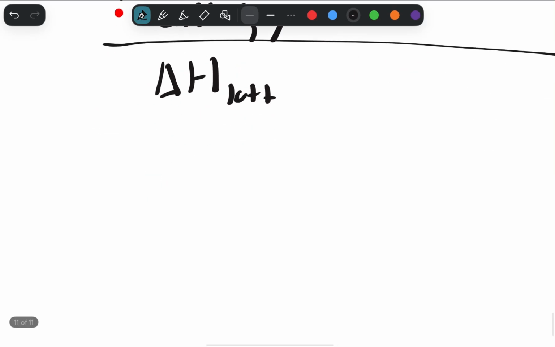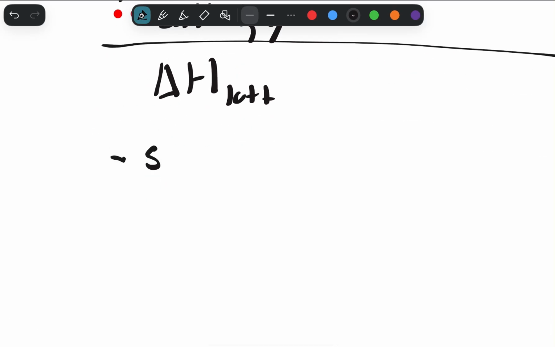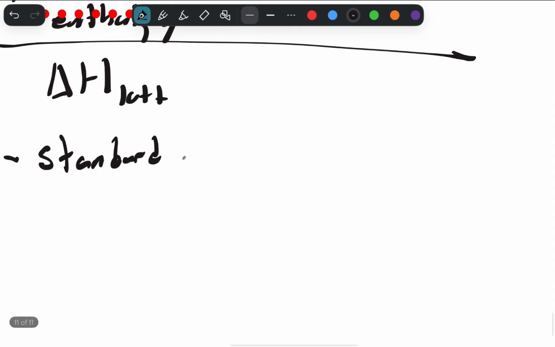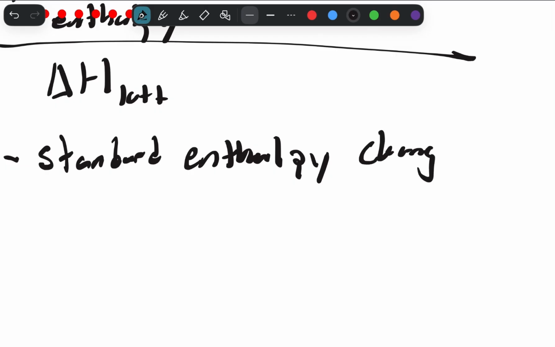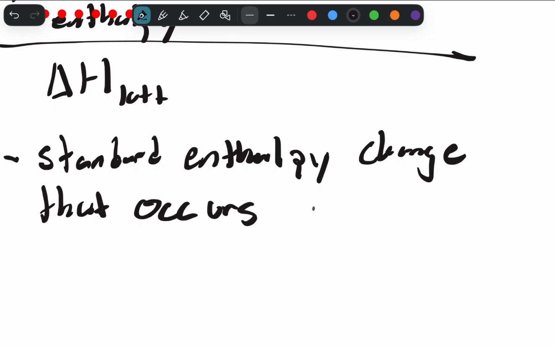The definition of this is standard enthalpy change that occurs on the formation of ions.